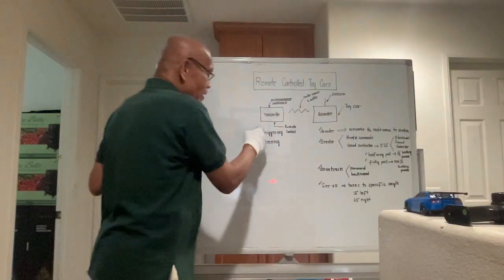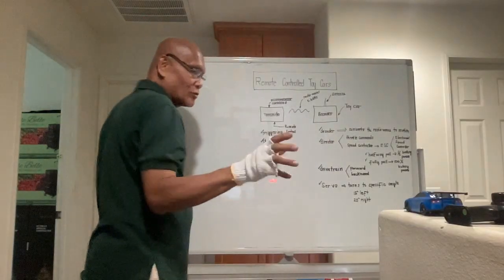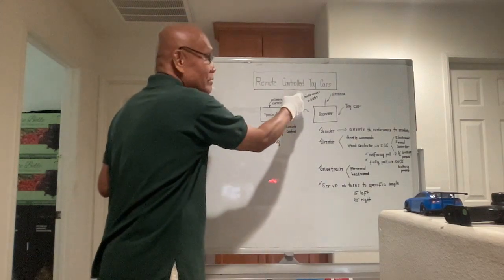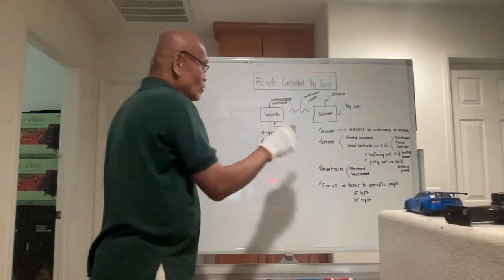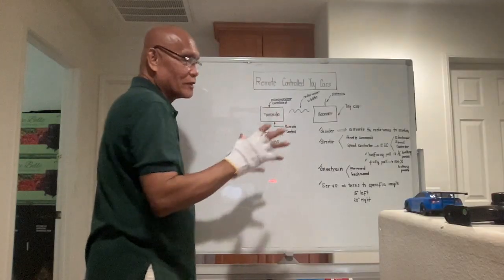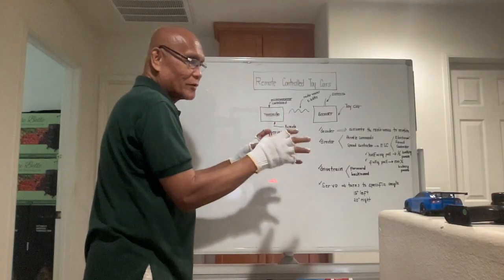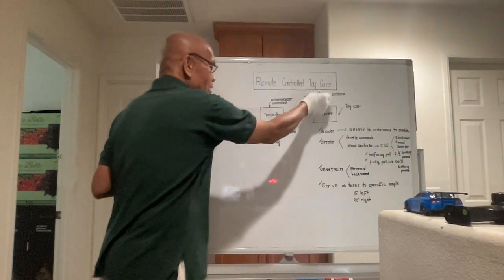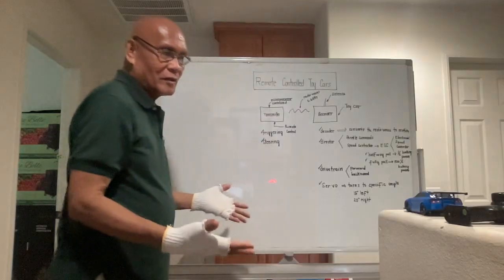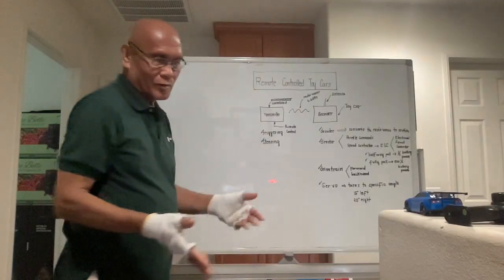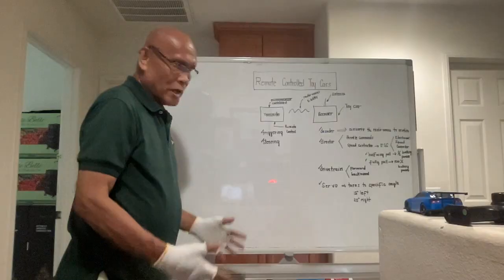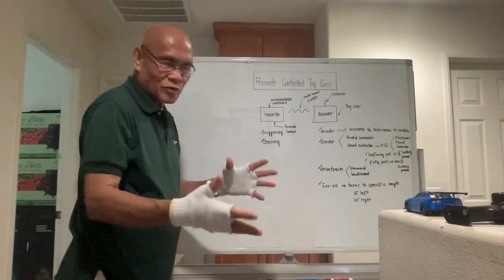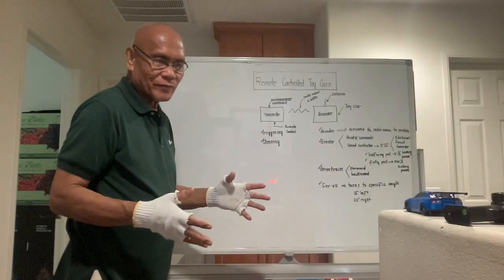A transmitter and a receiver communicate with each other through radio waves. Radio waves means it has a frequency, and for this toy car the frequency is 2.4 gigahertz. I think that's the same as the frequency of a microwave oven maybe, or a cordless phone, 2.4 gigahertz.